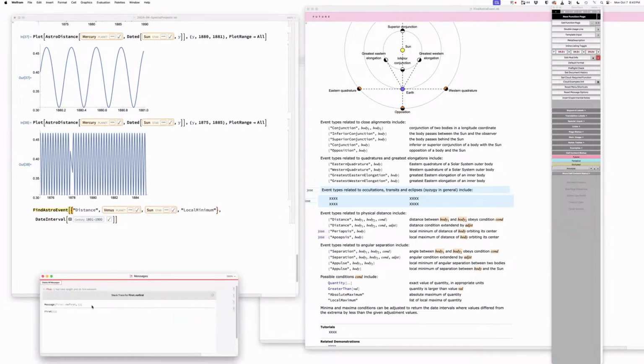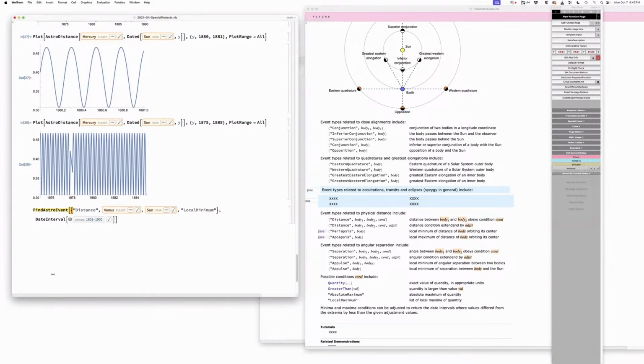What the heck is this weird thing? Same bug there.